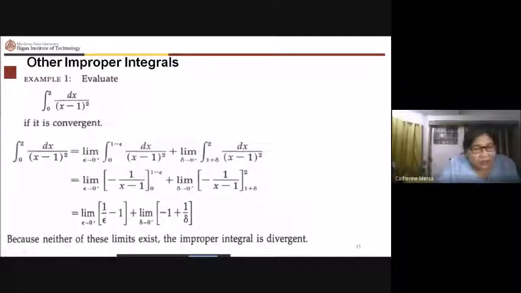Pero dili siya define sa tunga-tunga when x equal to 1. So, muna nga, inyong bahinon 1 minus epsilon. So, before makaabot sa 1. And then, kung man sa 1, delta, 1 plus delta. Okay?